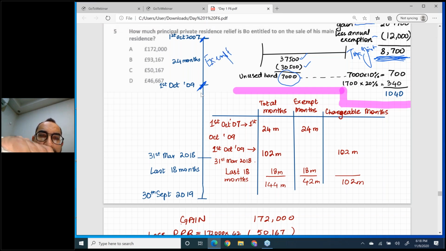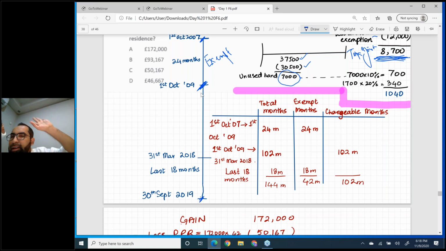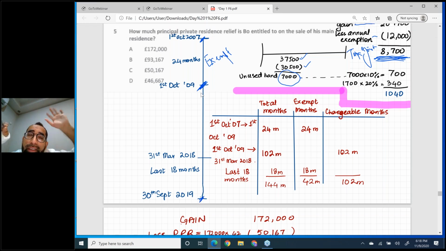From 1st October 2009, he left the house, and till 30th September 2019 he didn't come back. So these are all absence period, and no sandwich. That's why no ABC relief.